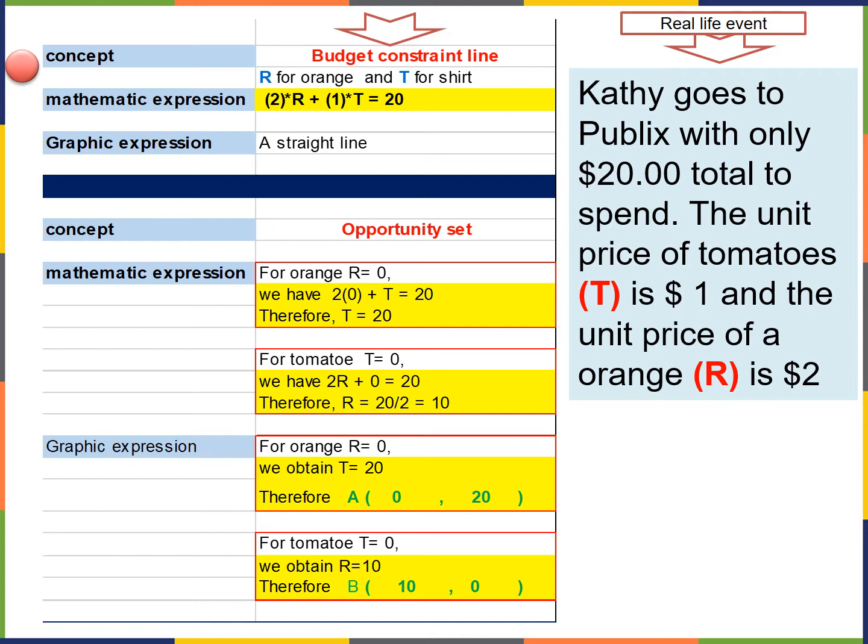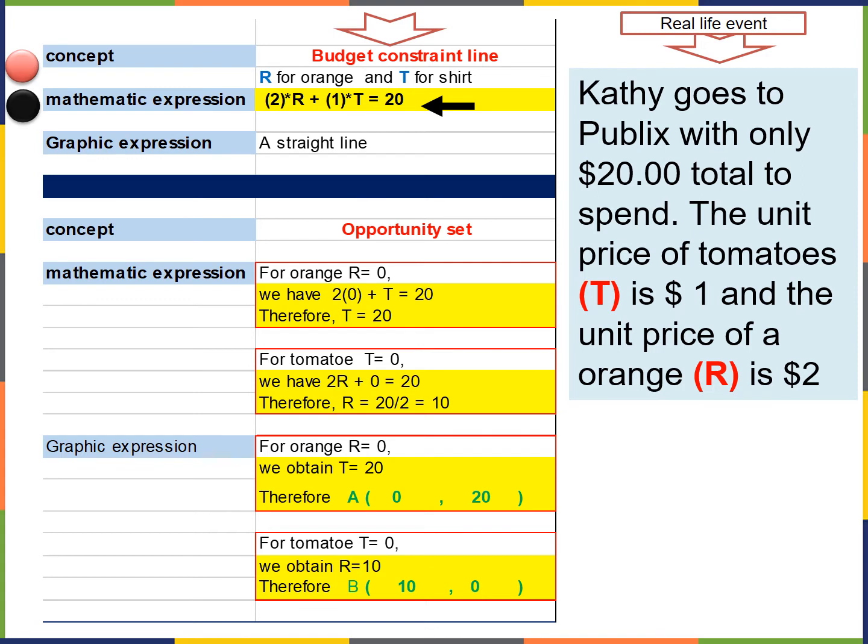Now we're moving on to describe the concept associated with that real-life event. The budget constraint line here is the concept, and the mathematical formulation is 2R + T = 20, meaning I have to multiply the price of orange times the quantity of orange.